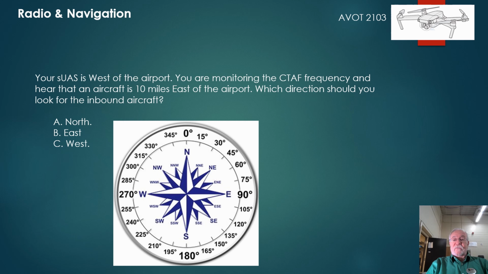Okay, so you are west of the airport, so I'm going to draw an imaginary runway here so you can sort of visualize this. We're west of the airport. Where are we? Are we here, here, here, here? That's why you got to know what the compass reads. Almost all charts, north is pointed that way. It's always north unless you're holding the chart upside down. But why would you do that?